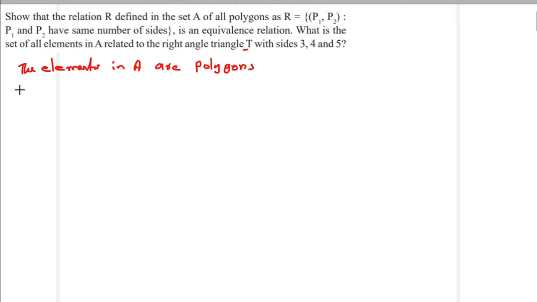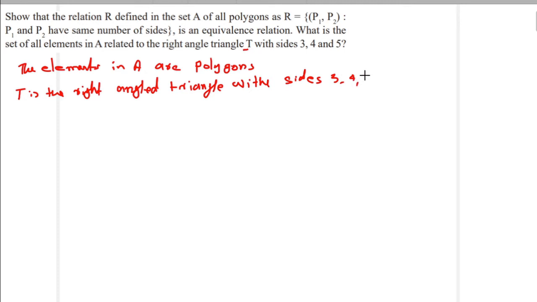Here T is the right angled triangle with sides 3, 4, 5, which is also a polygon.